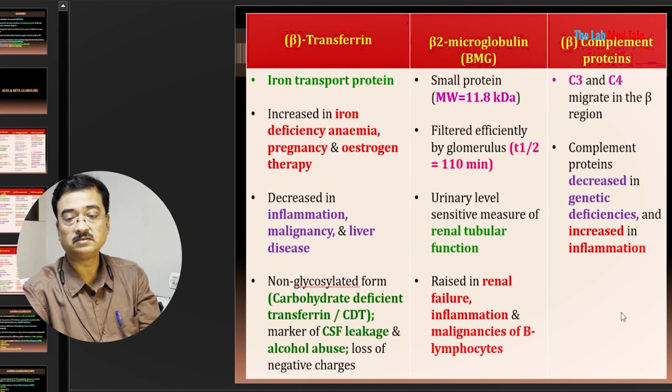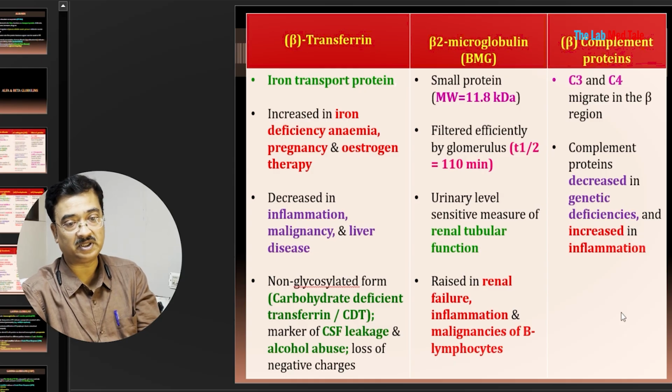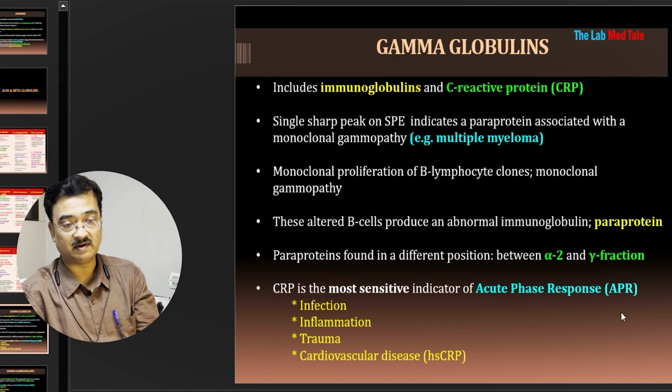Beta are mostly beta 1 transferrin, which is an iron transfer protein, also an acute phase reactant. Beta 2 microglobulin is also increased in renal failure and malignancy of B lymphocytes. Complements like C3 and C4 are also beta globulins. They are increased in inflammations.